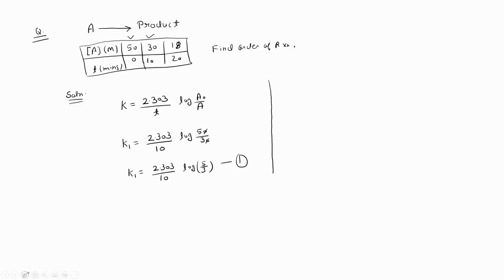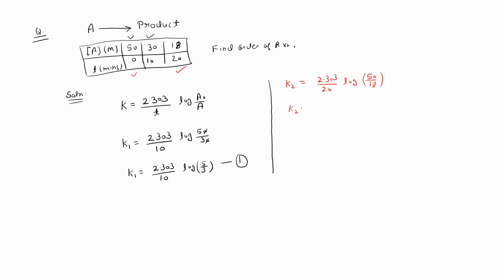Then for the second data, we take this and this. So K2 is equal to 2.303, time is 20 minutes, and log 50 by 18, a naught by a.